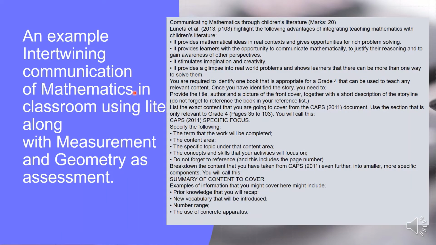An example of using Lunetta's chapter 12 along with a literature book is an assessment where they are asking you to communicate maths through a literature book. That's Lunetta's page 103, highlighting the advantages of integrating teaching maths with children's literature.